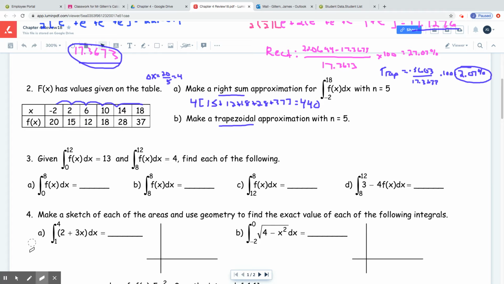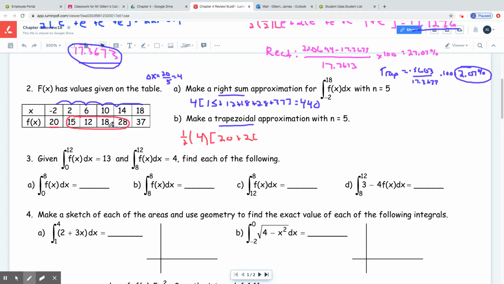All right, so now for trapezoidal. 1/2 is always on the outside. Then our delta x, which is 4. So we have the 1/2, the delta x. Now remember, the first goes in once, plus 2 times all of these.